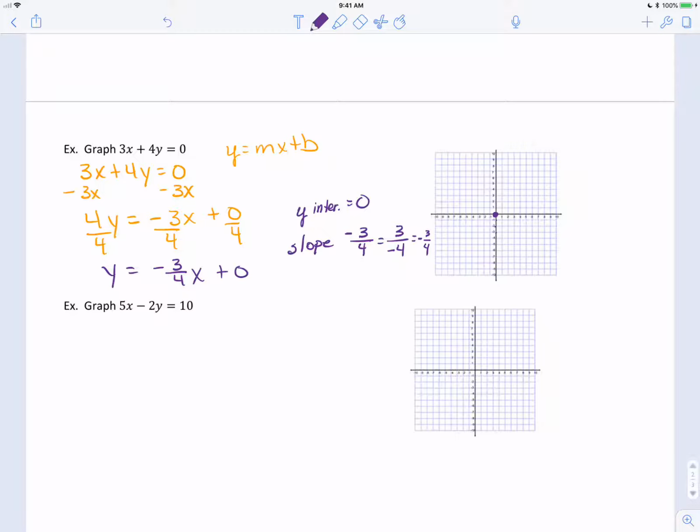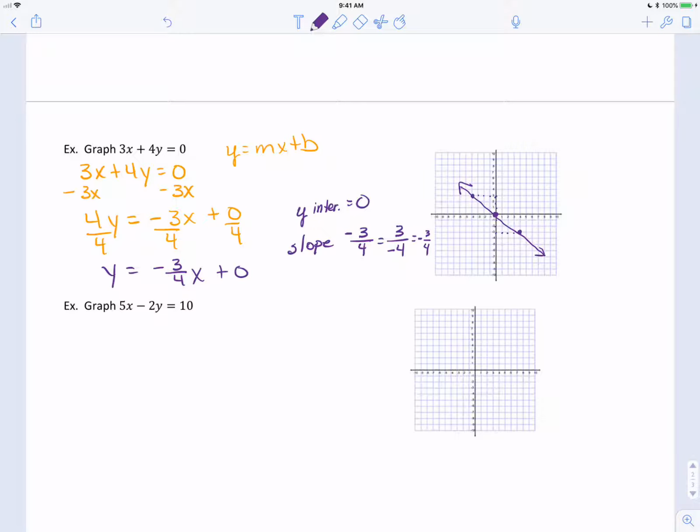So that means I've got to go positive now on the 4: 1, 2, 3, 4. And I could do the same thing if I wanted to go up. I could say positive 3, but then I would have to do negative 4. So one of those terms you've got to make negative, but only one of them. And then we're going to connect those dots, creating the line for that equation.